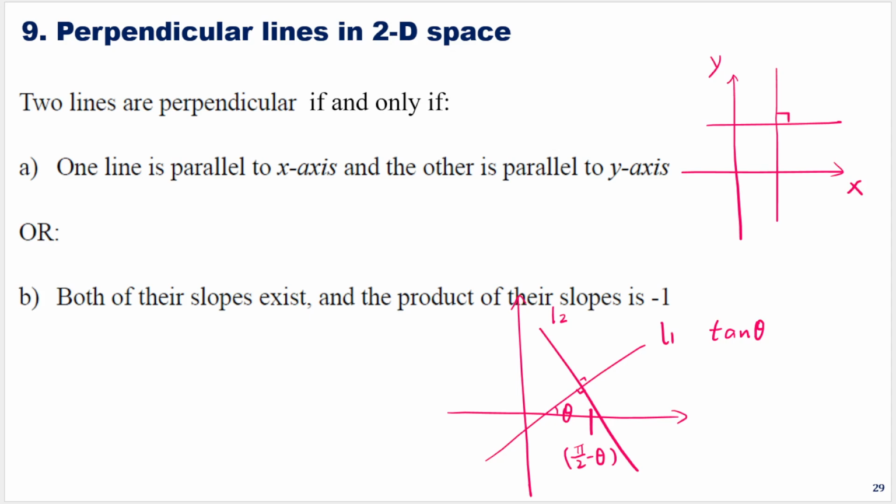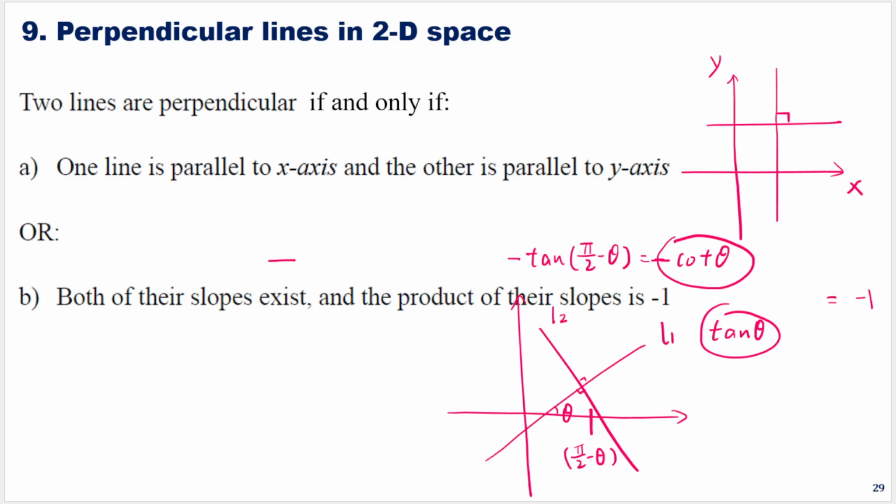For line 2, the slope is negative tangent of half pi minus theta, which equals, according to the co-function identity, negative cotangent theta. And we know that the product of cotangent and tangent equals 1, but we have a negative sign in front. Therefore, the product of the two slopes equals -1, right? And that proves this direction here.